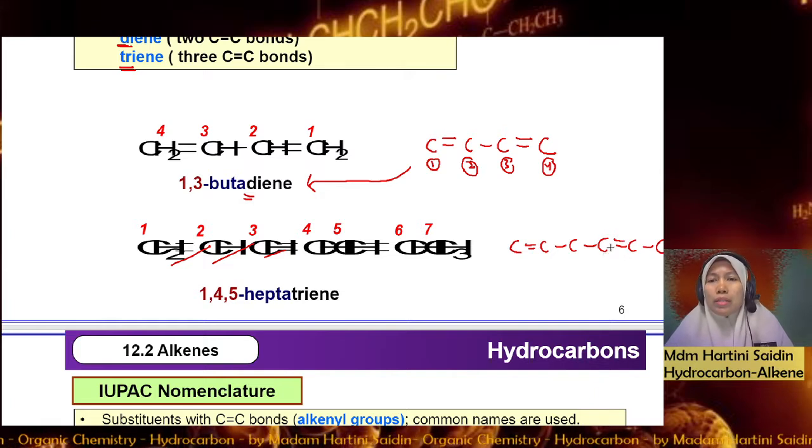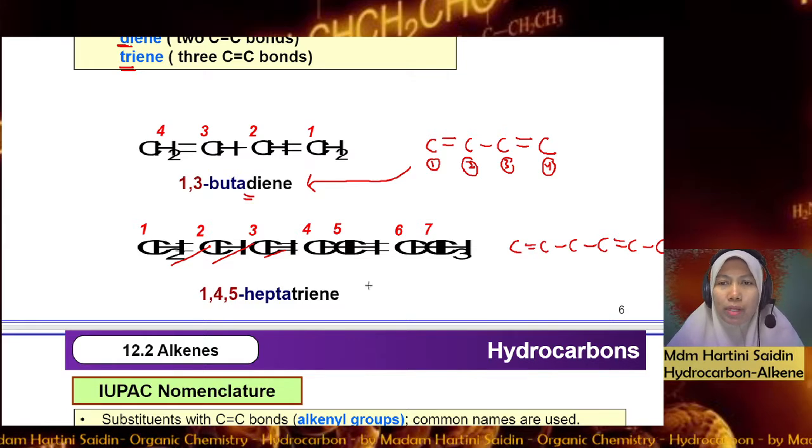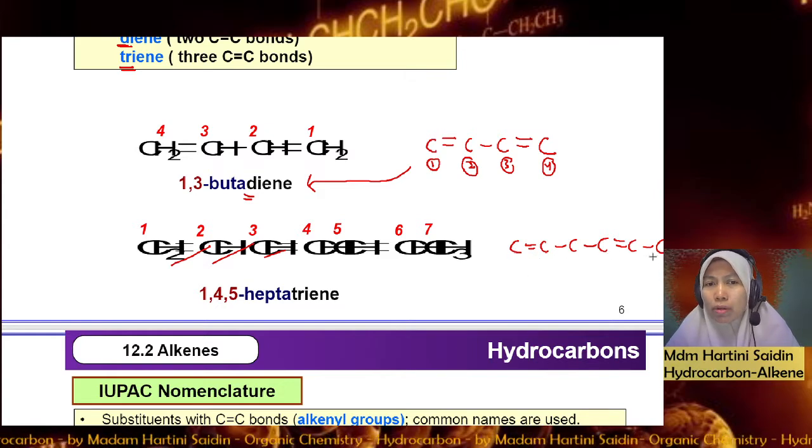And then 1, 2, 3, 4. Actually, this is not 1, 4, 5 heptatriene, but this is 1. Okay, I start counting here. Kalau macam ni, kita bilang sini lah. 1, 2, 3, 4, 5, 6, and 7.